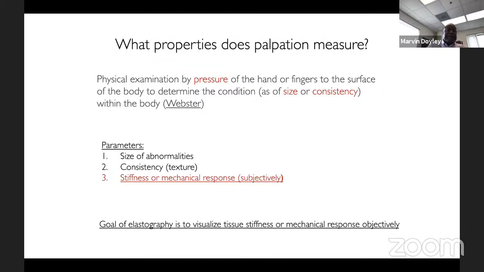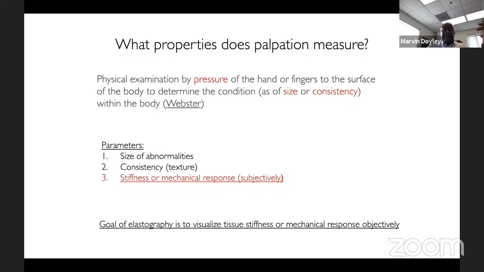So if we go back to what palpation is doing and examine that, I highlighted some key words here. One, when you do palpation, you typically apply a pressure. And two, what you're really detecting is the size and consistency of some underlying abnormality, right?